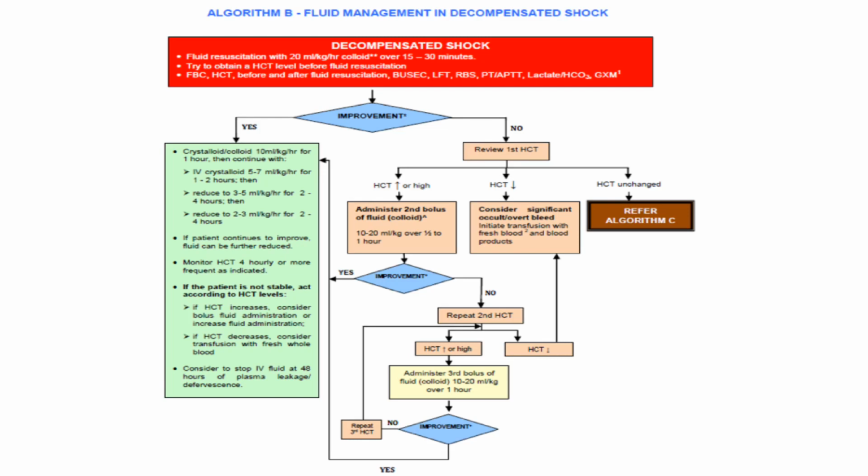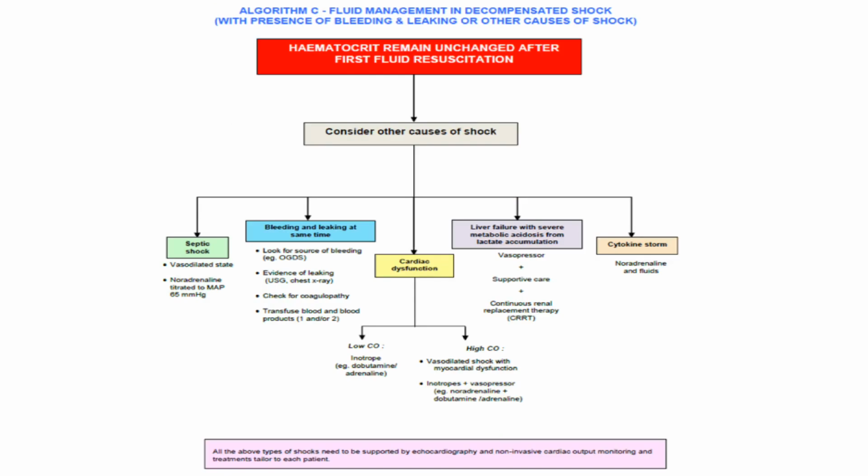You may consider blood transfusion if hematocrit is low, but if it is high, you can administer a second bolus of colloid, 10 to 20 ml per kg for 1 hour. So look for improvement. You can just see this algorithm. This is a basic thing that you should know.